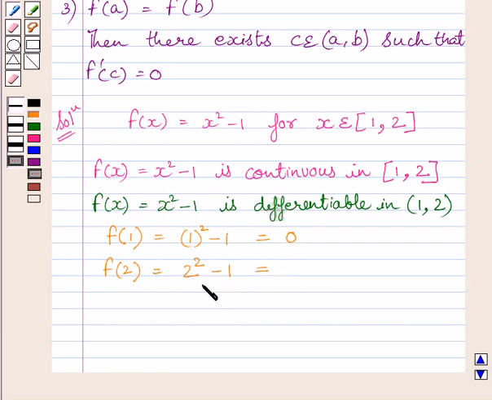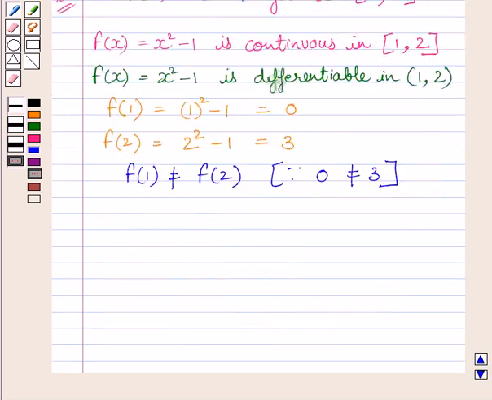Now simplifying it further, we get f(2) is equal to 3. Now clearly we can see f(1) is not equal to f(2). So third condition of the Rolle's theorem is not satisfied here. So we can write Rolle's theorem is not applicable to the given function.